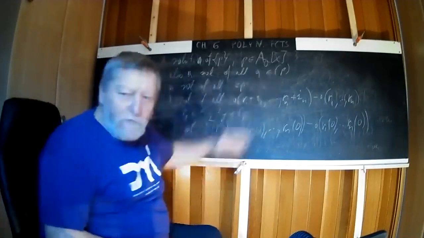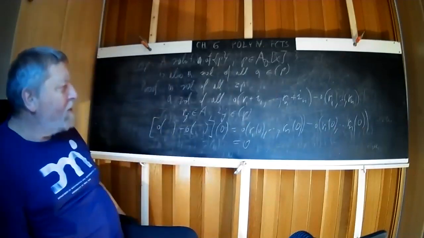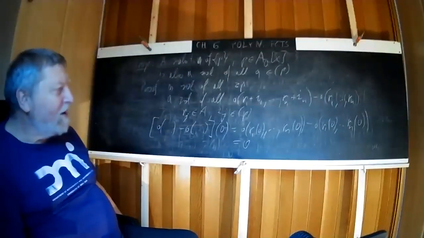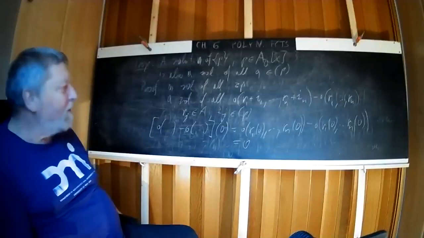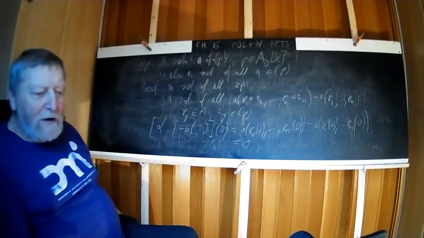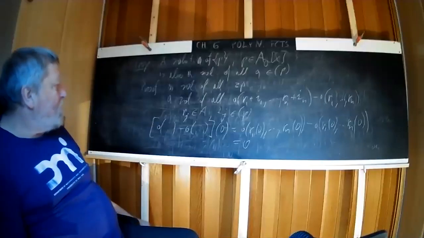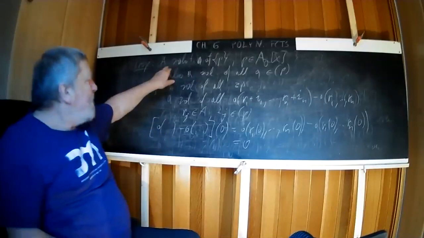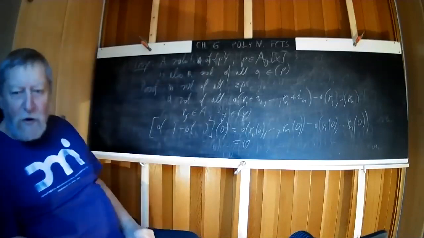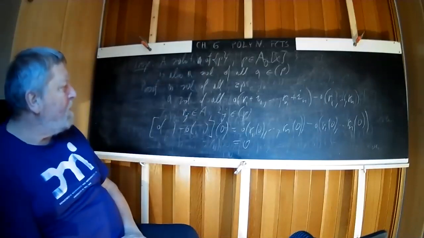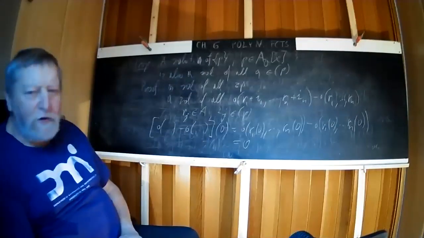And we can be fortunate to know how the ideal generated by P looks. It's just another application of the result we had in the beginning, how generated ideals look like. So this means instead of saying a solution of a polynomial, we can simply speak of a solution of an ideal.